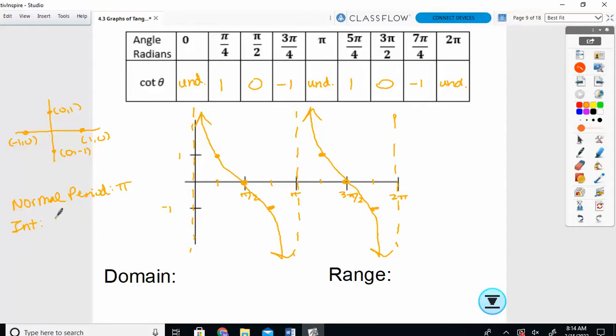And so when we set up a normal interval, if I only want one period, we can start at 0 and end at pi. Now the reason I have these different intervals for tangent and cotangent is just so we can graph them a little bit nicer so that the asymptotes fall at the end instead of in the middle.